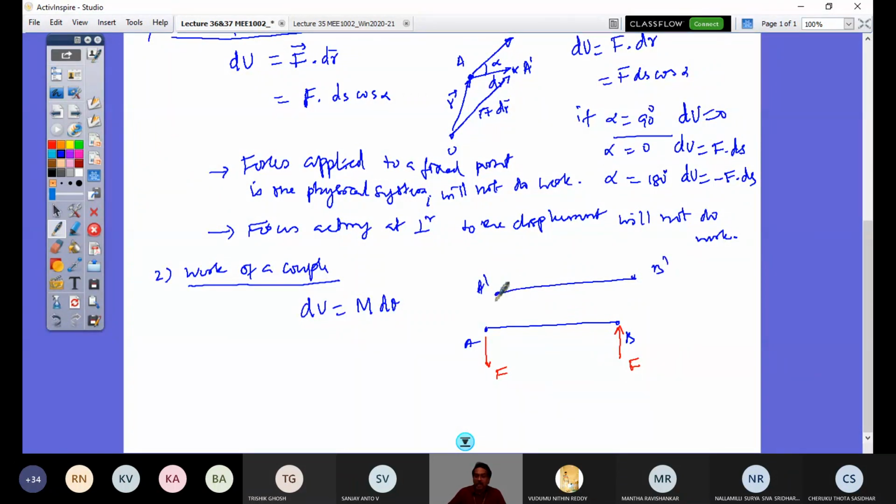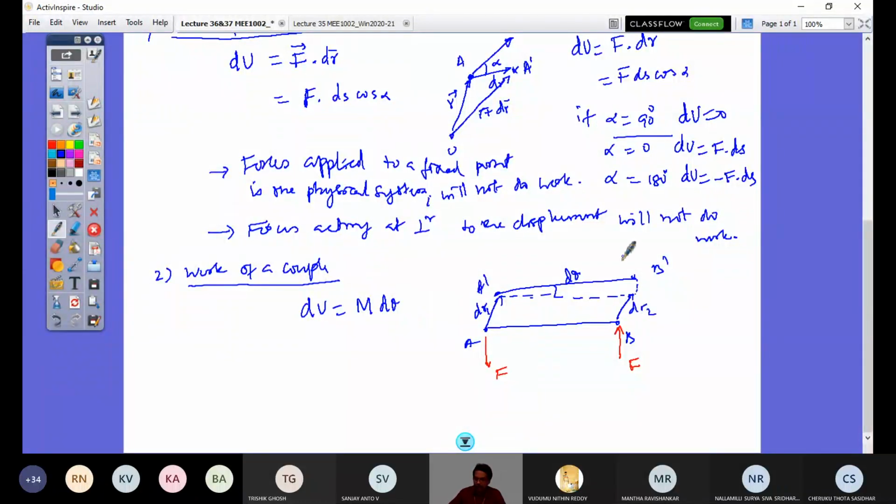So this involves some translation as well as rotation. From here to here it is translated, and this rotation d theta is also there. The change in position from here to here is dr1, let us say, and this is dr2.